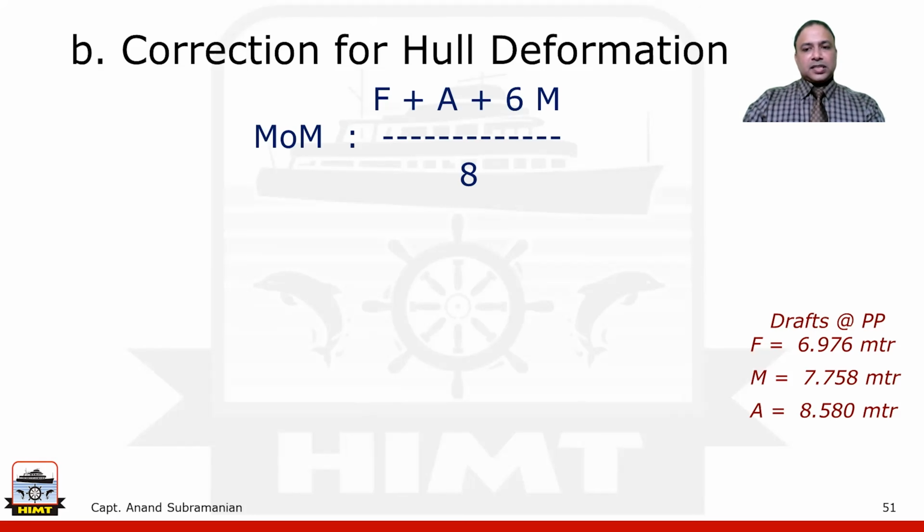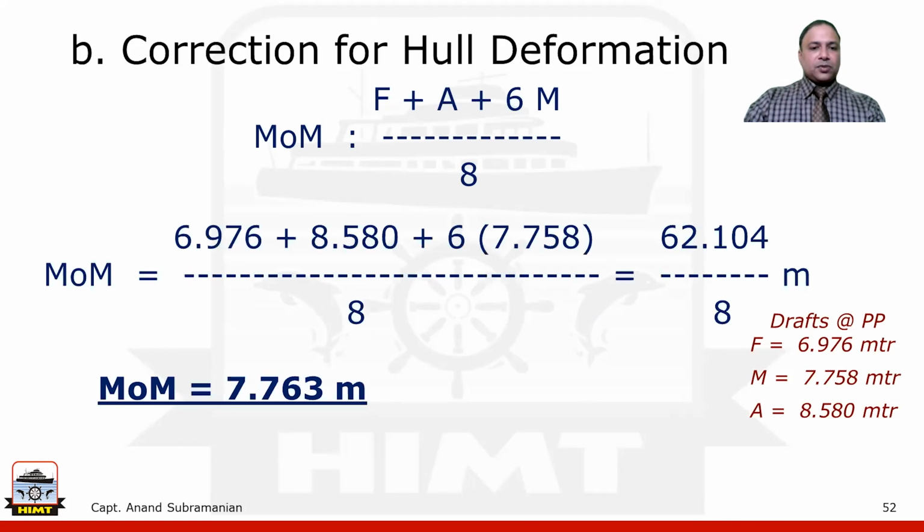Forward draft 6.976, plus aft draft 8.58, plus 6 times 7.758, which is 62.104. That's the numerator. Divide that by 8, and we get the mean of mean drafts, that is 7.763.